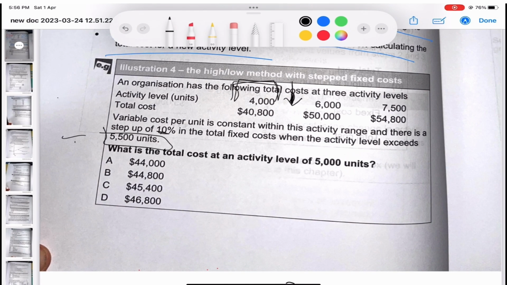Before that the fixed cost was different, after that the fixed cost was different. So the fixed cost before was X. The new fixed cost after that level was 10% plus X, right? X plus 10% of X. This is basic unitary method. It's given in the question that the fixed cost changes after the first level and it would be 10% more.